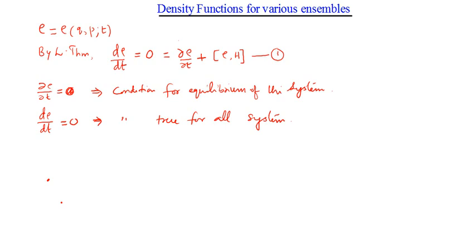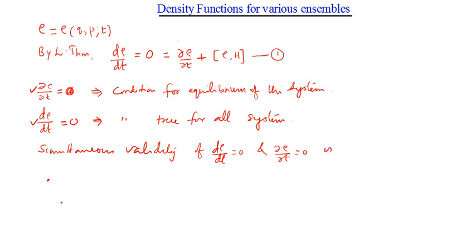So now we can say under what condition simultaneously both the conditions are satisfied. So the condition for simultaneous validity of d rho by dt equal to 0 and dou rho by dou t equal to 0 will be that the Poisson bracket of rho with h must be equal to 0.